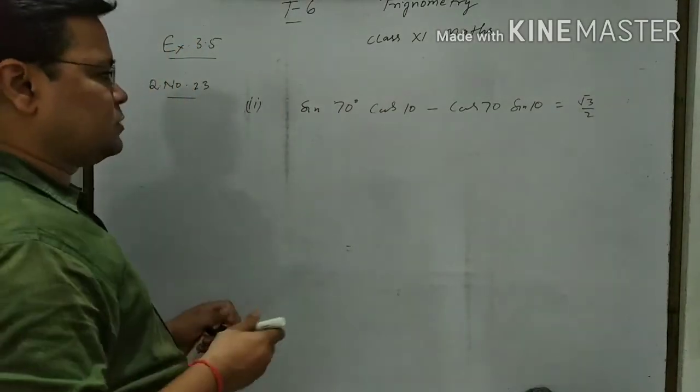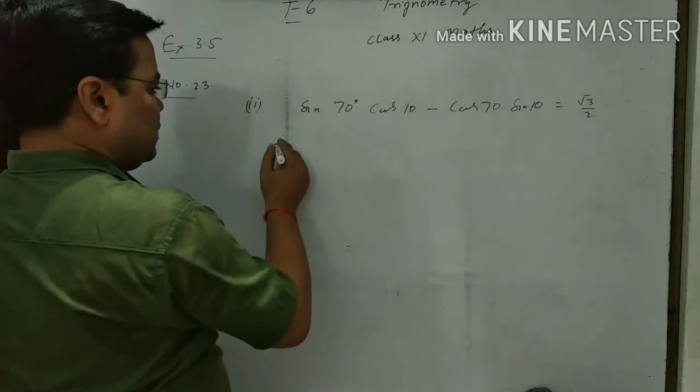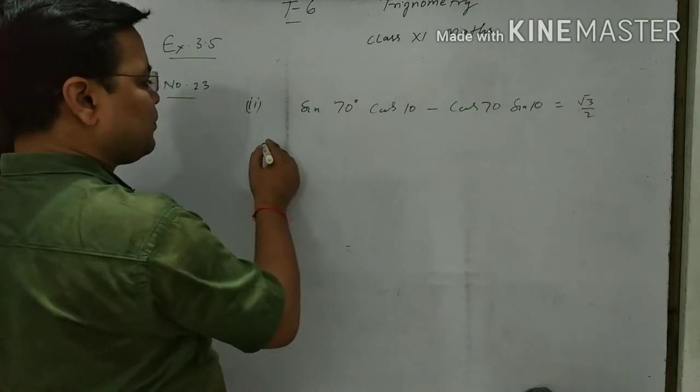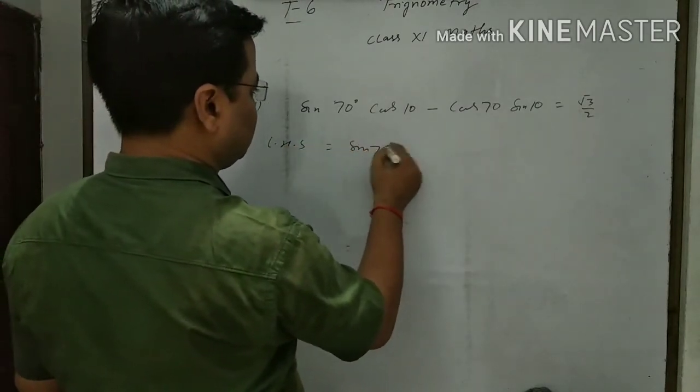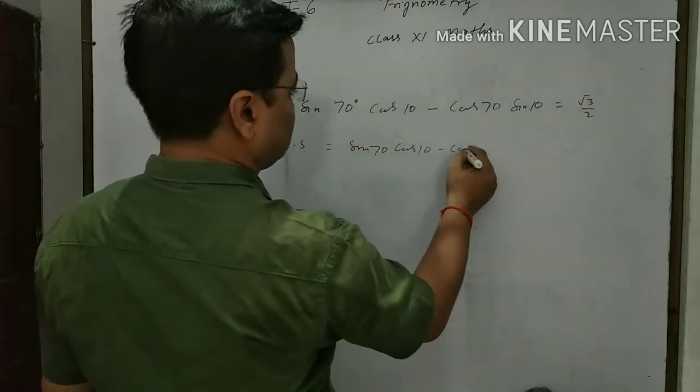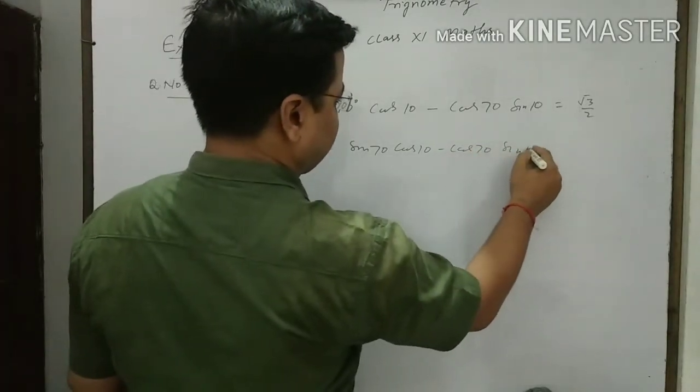Dear students, we know this formula. Take the left hand side, which is sin 70 cos 10 minus cos 70 sin 10.